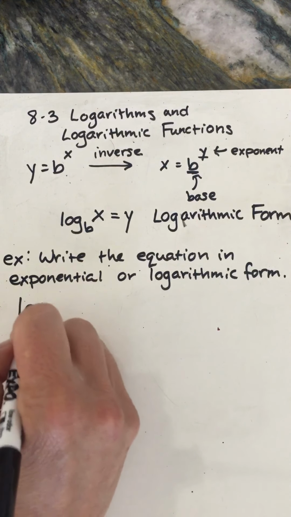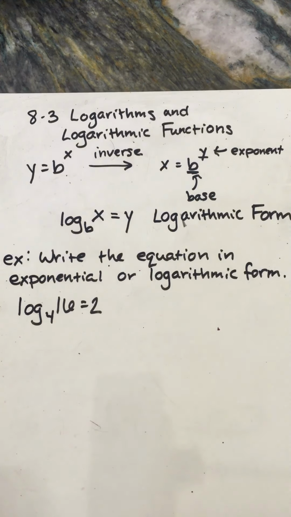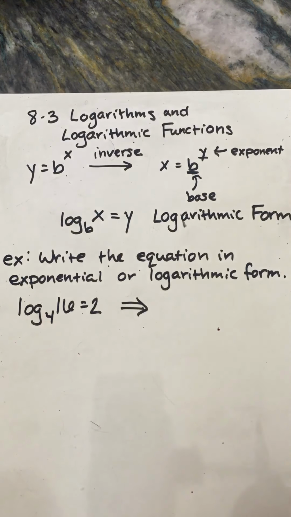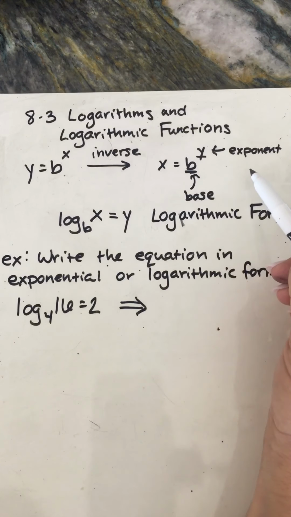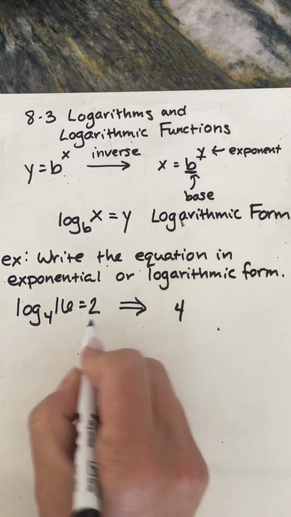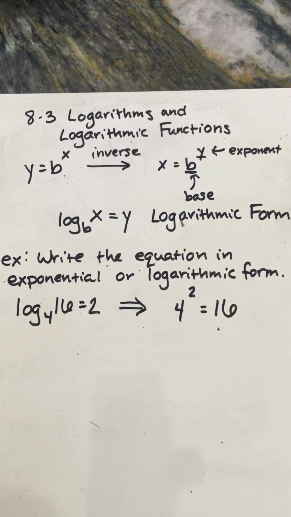So if you are given log base 4 of 16 equals 2, in exponential form, so right now you've got this form here, logarithmic form, we have to go to exponential. So your base is 4. Your exponent is 2, so that's equal to 16. So let's go the other way.